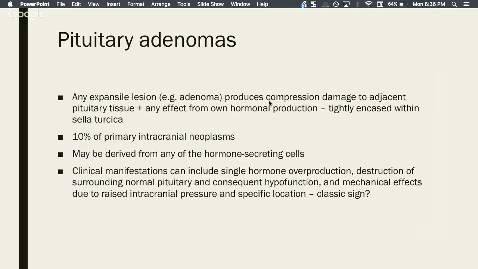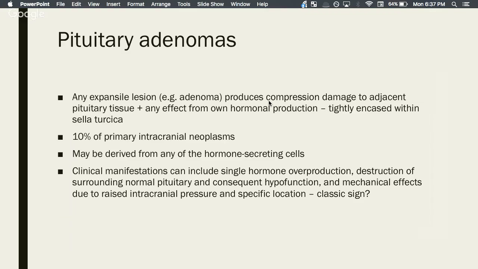The thing with the pituitary is that because it's so tightly encased by the sella turcica, any small lesion, tumour or growth will cause an effect on the cells there.